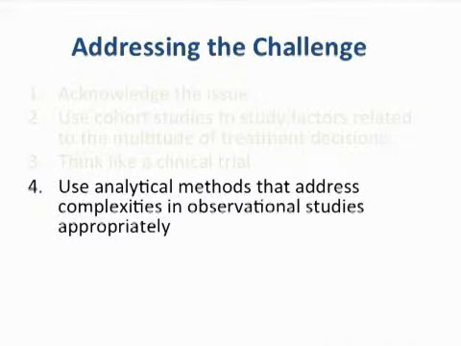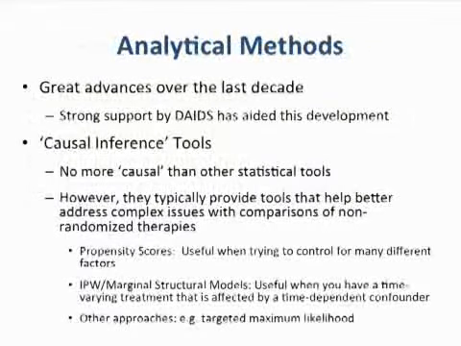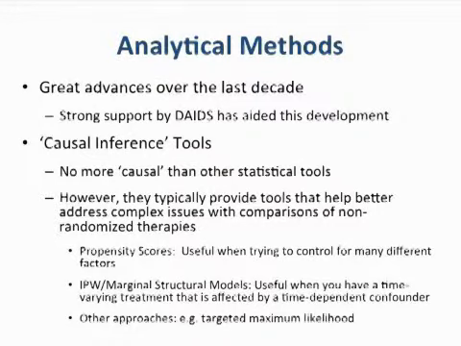Okay. So the other thing I want to mention is this idea of using analytical methods that address the complexities of observational studies. And many of you know there have been great advances over the last decade.